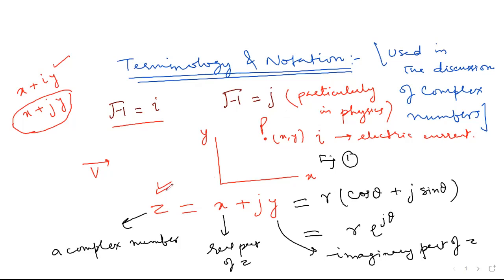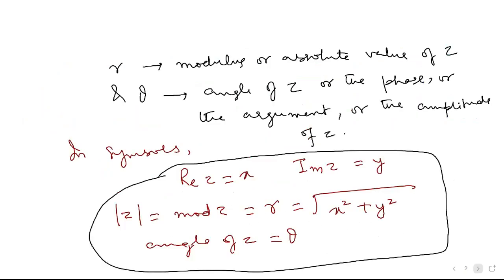Then we said we represent a complex number, even though it is a pair of real numbers, by a single letter z, and write it this way, where x is real part of z, y is imaginary part, r is called modulus or absolute value of z, and angle theta is called angle of z or phase or argument or amplitude of z.